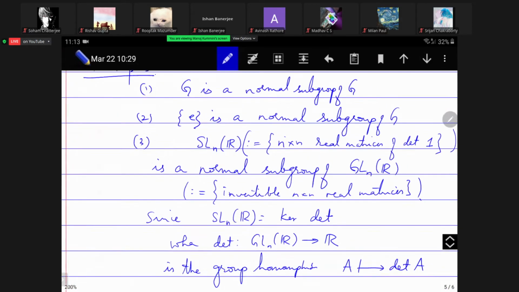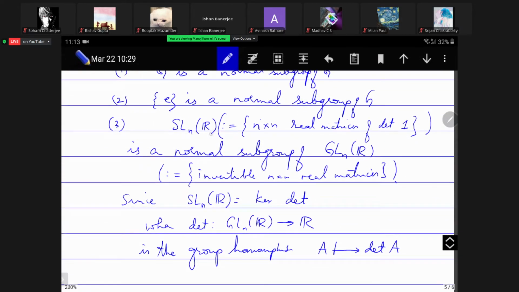So SL_n(R) is the kernel of the determinant map. The determinant map takes a matrix to its determinant. It is a group homomorphism: if you take a product of two matrices, their determinant is also a product. When we write GL_n(R), it is understood that we are discussing matrix multiplication.